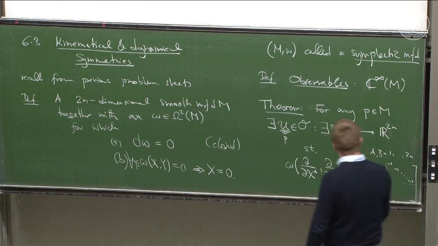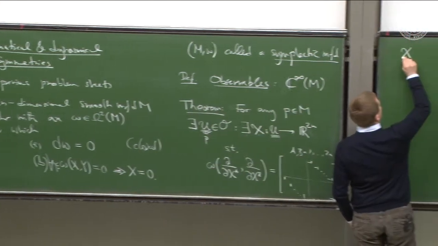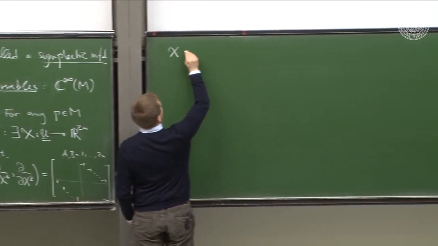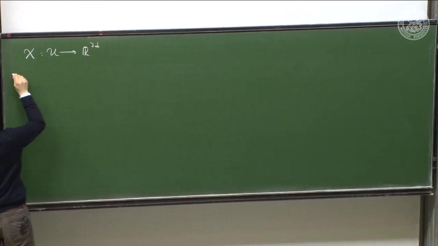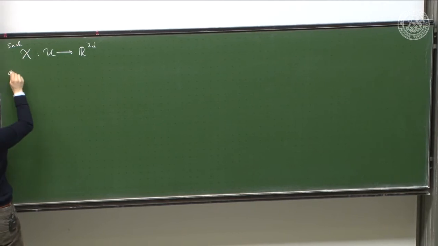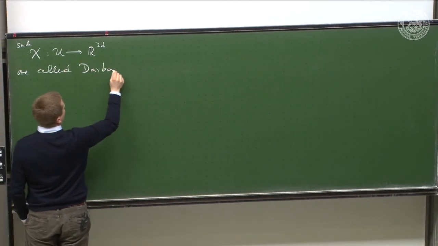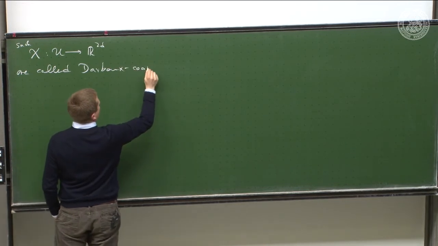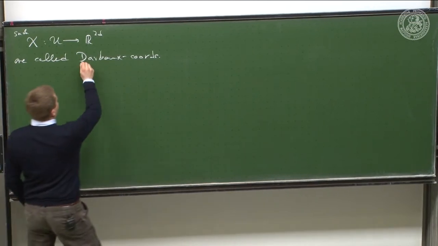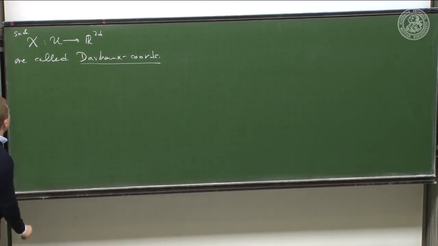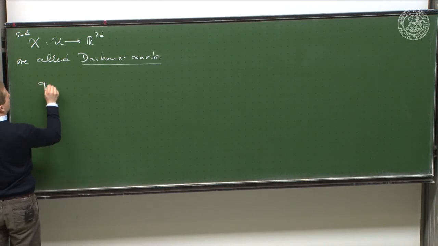And these coordinates here are called Darboux coordinates. So the psi that goes from U to R2n, such psi are called Darboux coordinates. Okay? Fine. And it's convenient to split them into 2 parts.